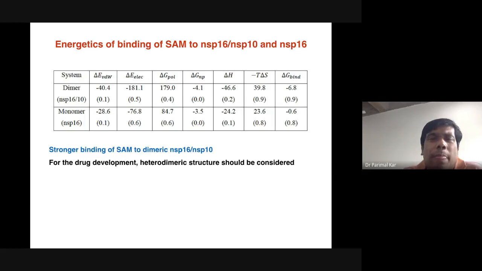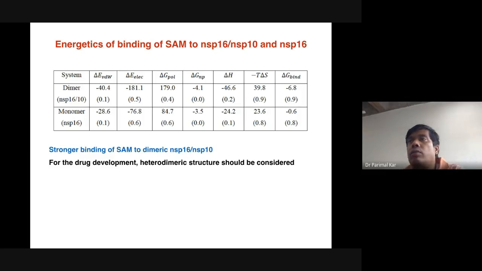That is the same thing that you can get from these energy calculations also. So the same conclusions you can make from these MMPBSA-based calculations, and we found that it binds with a binding energy of minus 6.8 kcal per mole to the heterodimer, and for the monomer it is minus 0.6. That means there is no binding actually. Now this minus 6.8: when we submitted the paper, there was no experimental result available.